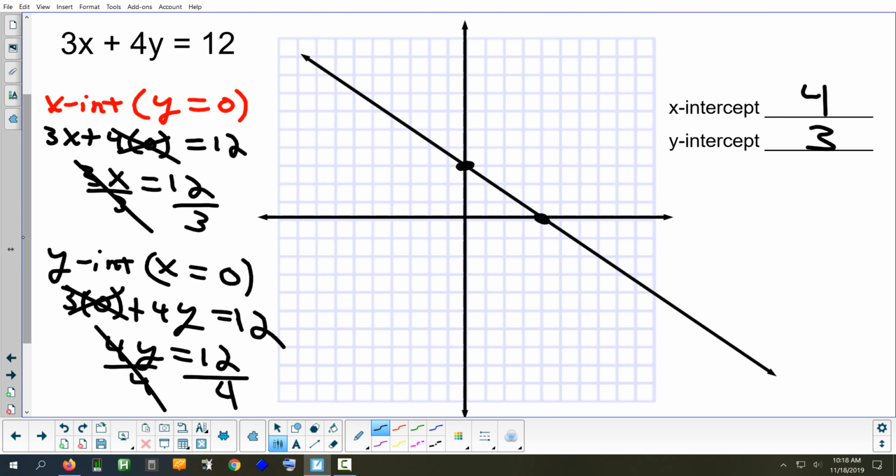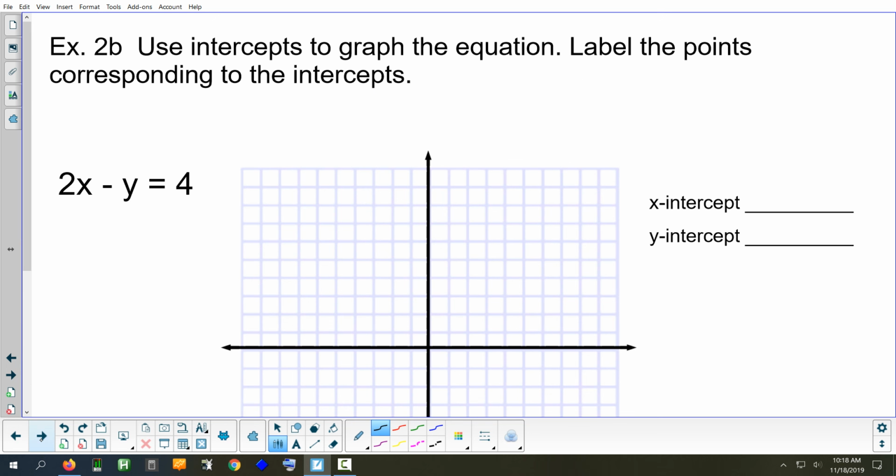Okay, questions on that one? Okay, let's try this one. Same directions, just find the x-intercept, find the y-intercept, and see if you can make a sketch.